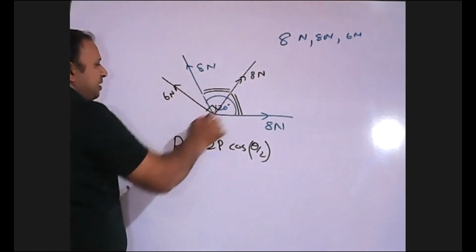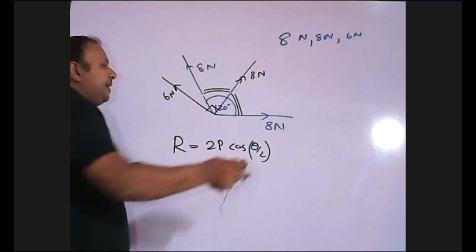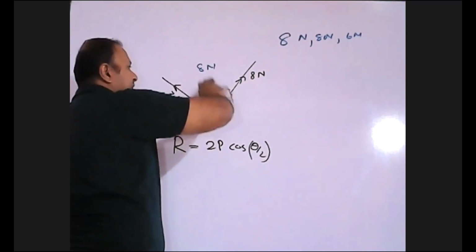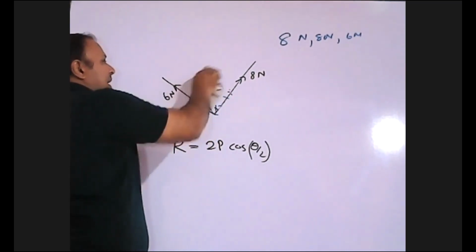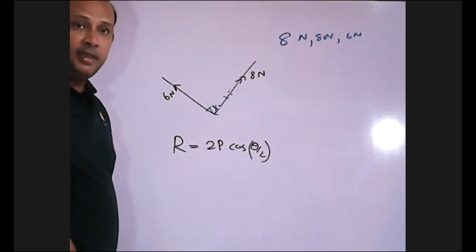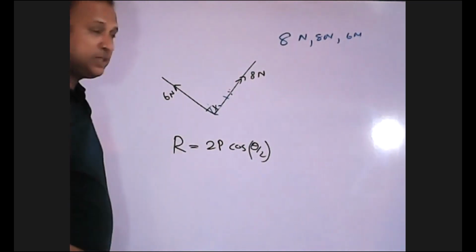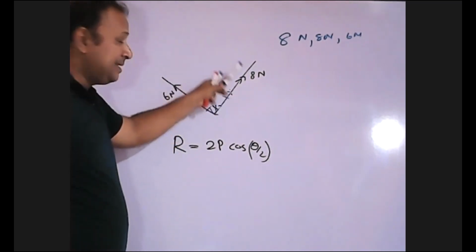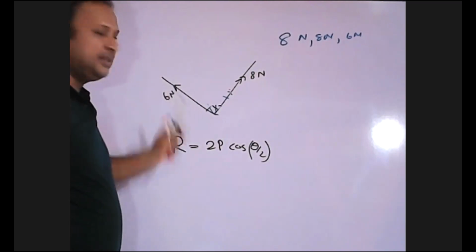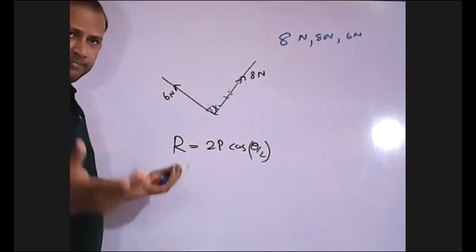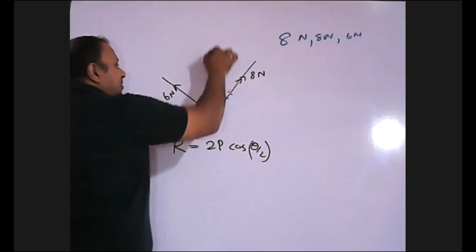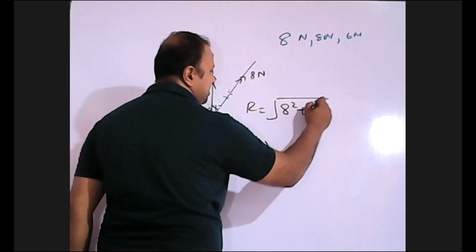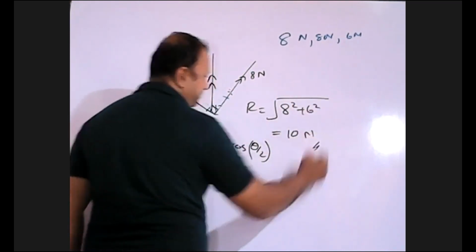So if I take the resultant of 8 Newton and 8 Newton, now I can delete those two forces, no? I have taken the resultant of them. So now there are only two forces. What are those? 8 Newton, which means the resultant of the two 8s, and this is the third one. So what is the resultant? The resultant is equal to the square root of 8 squared plus 6 squared. That means 10 Newton.